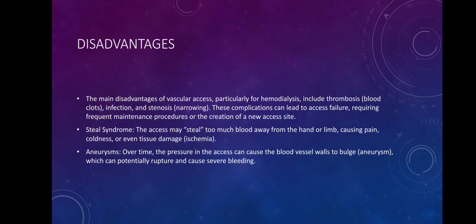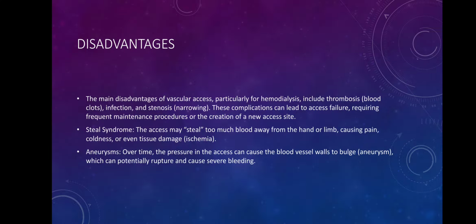Disadvantages of central venous catheters. The main disadvantages, particularly of hemodialysis access, include thrombosis, which means blood clots, infection, and stenosis, narrowing. These complications lead to access failure and require frequent maintenance procedures or the creation of a new access site. The next disadvantages: steal syndrome and aneurysm.